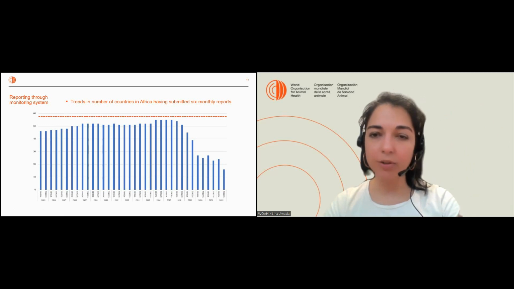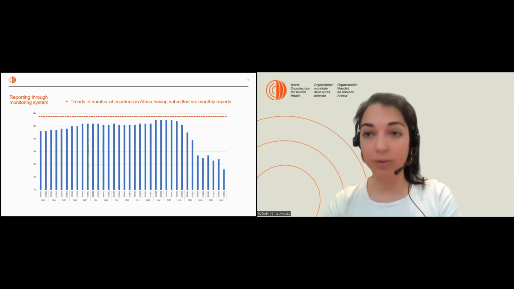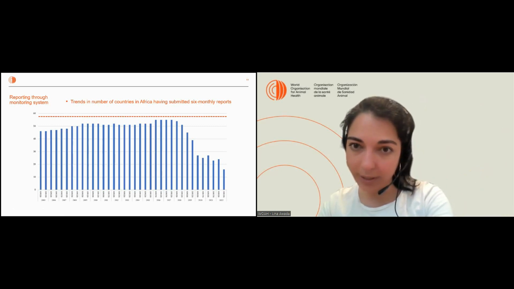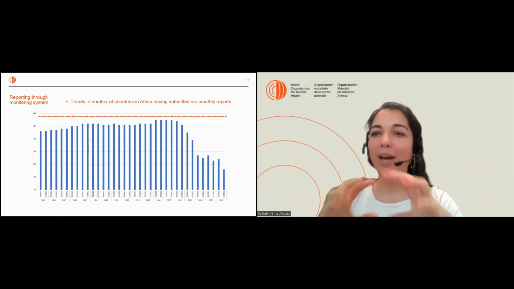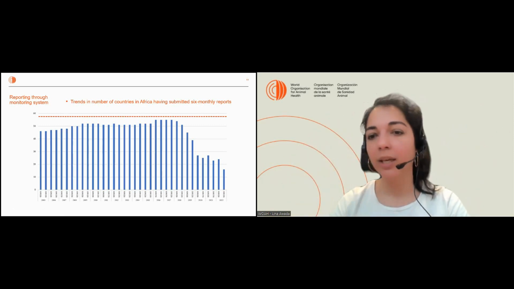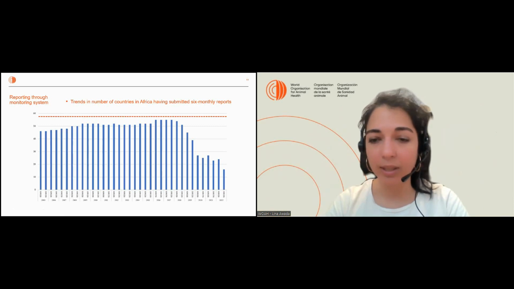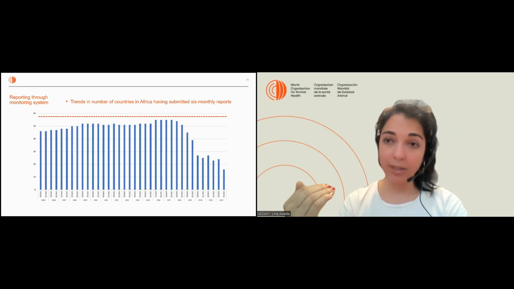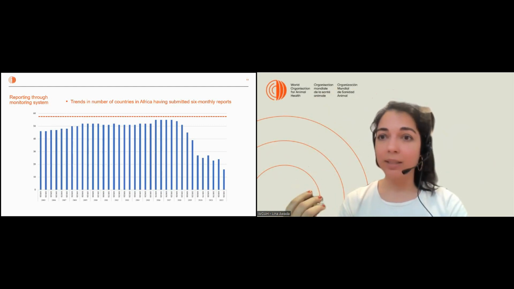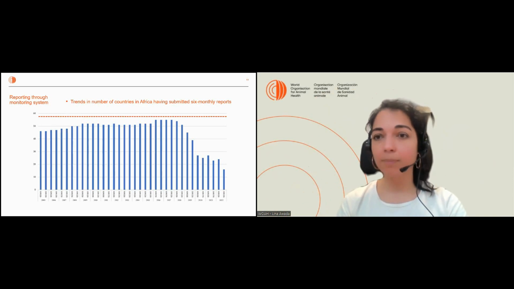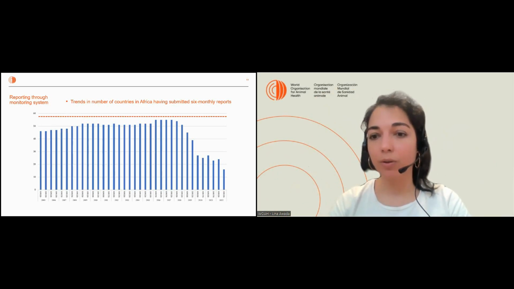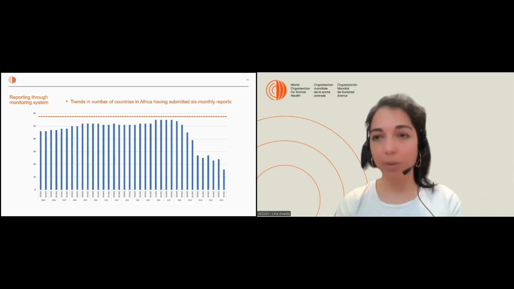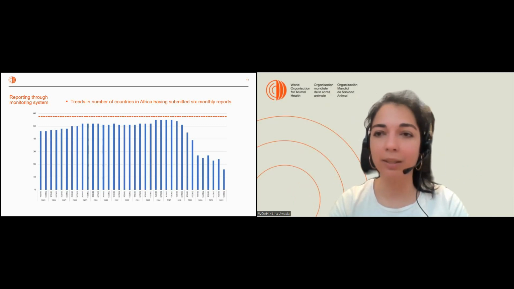And the blue bars show the number of countries that actually submitted a report. So you can see that in 2017, we were close to having an exhaustive reporting from the region. And then in the subsequent years, 2019, 20, 21, and 22, the number of countries having submitted their report is lower. And this is because there is a delay in the reporting. So again, it's very important that members continue to send their 6 monthly reports in a timely manner so that we can report back on what is happening on the continent and in the world.